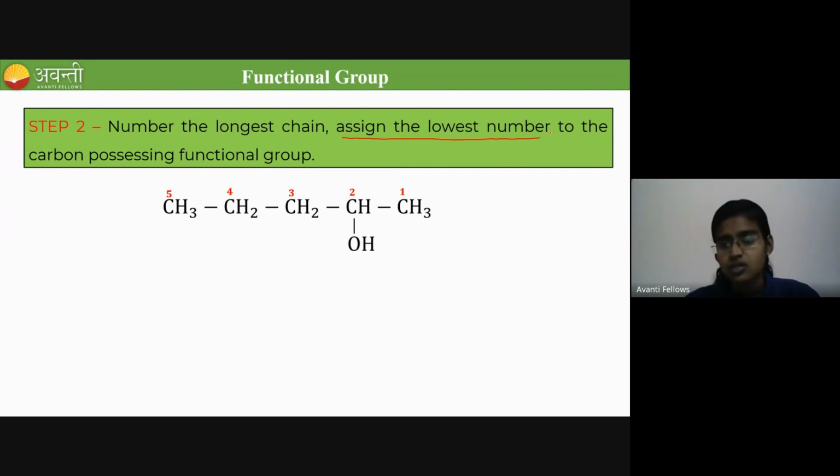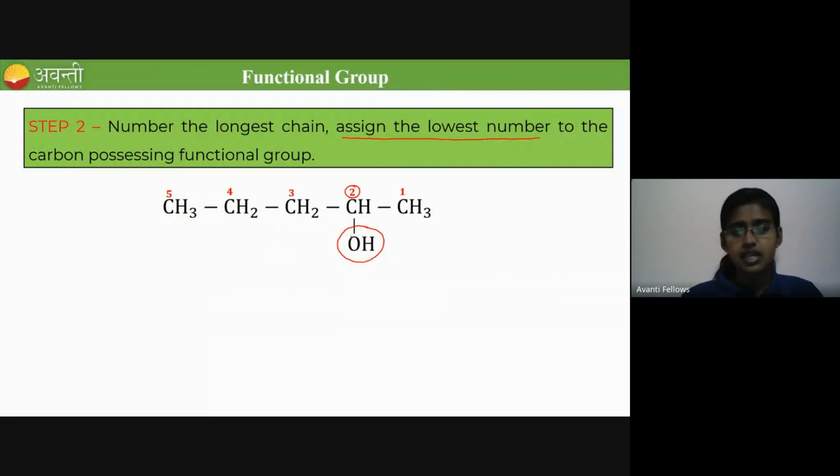So there are two different ways of numbering, right? We can go from left to right or right to left. Here we are using the right to left system. Why? Because OH has to be attached to the carbon which has the least number, the first priority. OH attached carbon should be given the first priority. That's why here right to left numbering is followed. Got it?